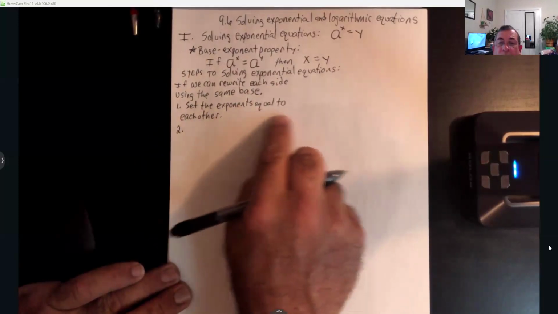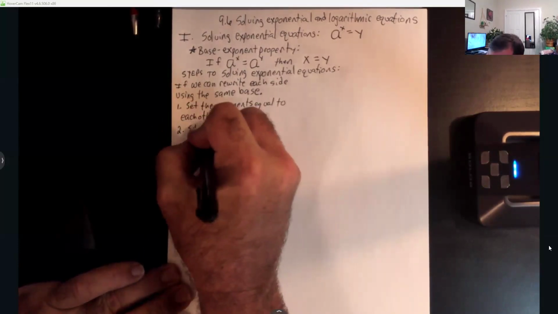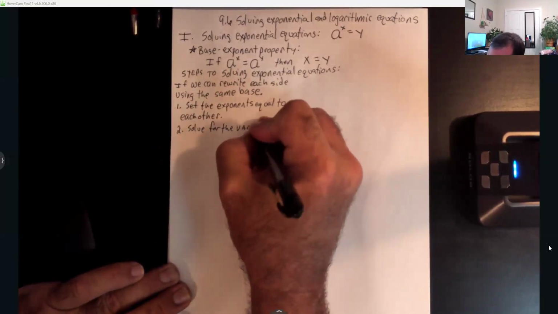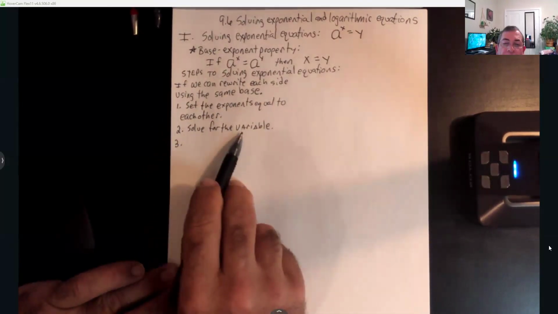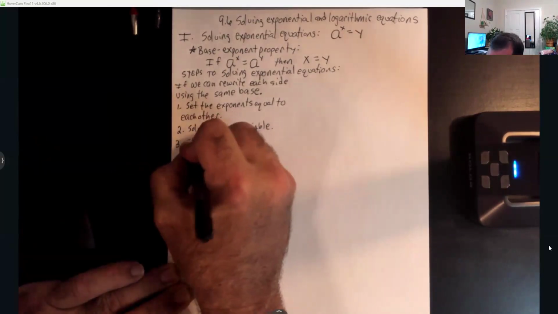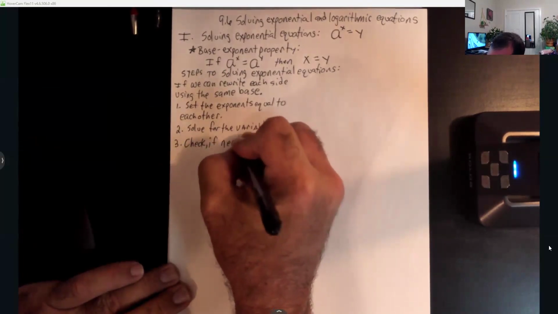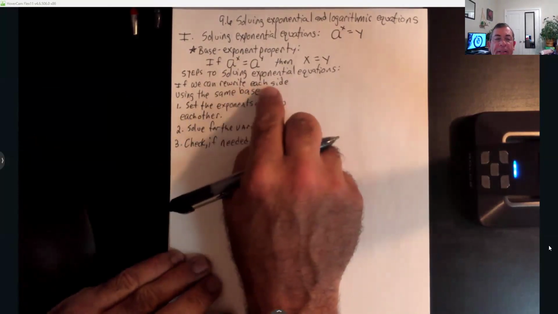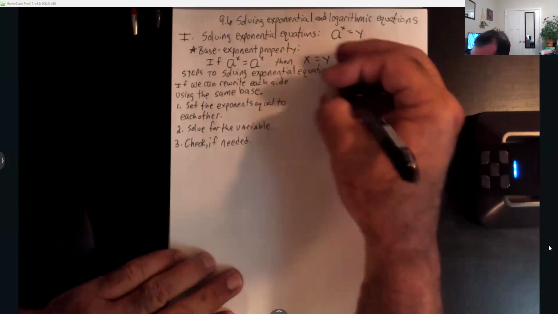Once I've set my exponents equal to each other, we will then solve for the variable. And once I solve for the variable, if needed, I will check my answers. So if I could rewrite each side using the same base, this is my steps I'm going to do, okay?